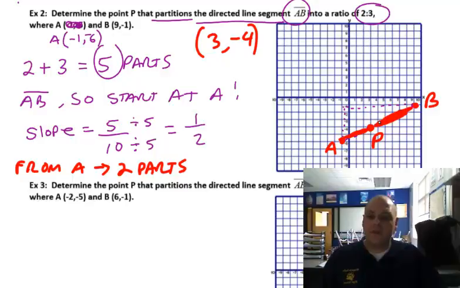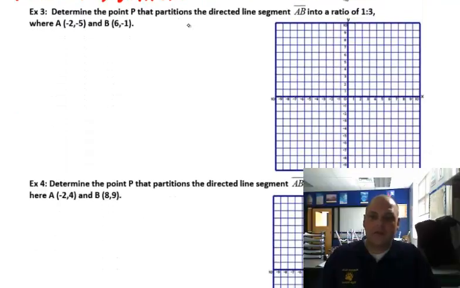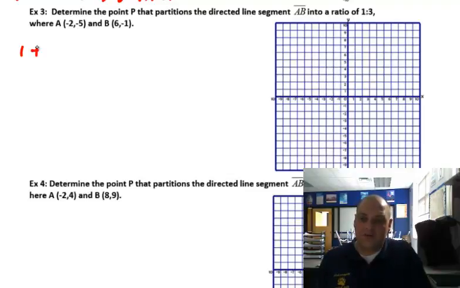All right, let's do a couple more and then we'll be done. Same question, same A to B. Now it's a ratio of 1 to 3. So 1 plus 3, I'm going to switch to blue, means I need 4 parts.